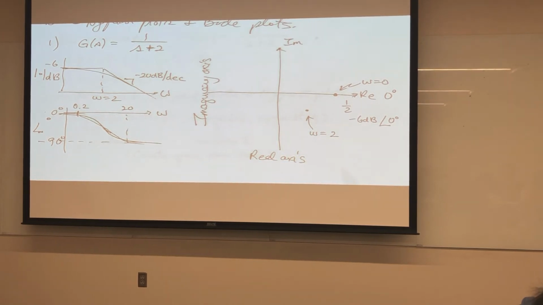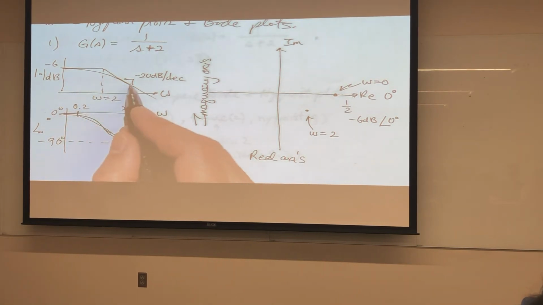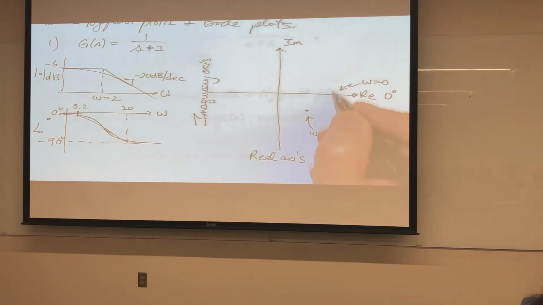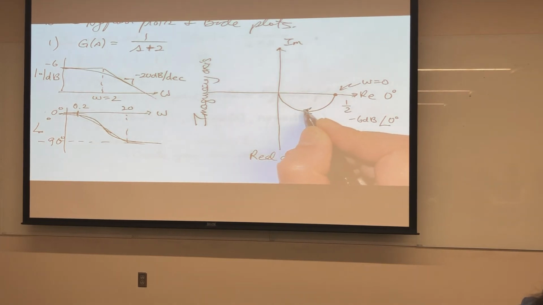But the computer is going to generate all the omega points, all the points on the frequency axis. It's going to plot the real part and the imaginary part. So here we have magnitude and phase. Just convert magnitude and phase to real part and imaginary part, and that's what you get as the Nyquist plot. And so you get a plot that looks something like this. It's a semicircle. I'm going to put a little arrowhead like this.